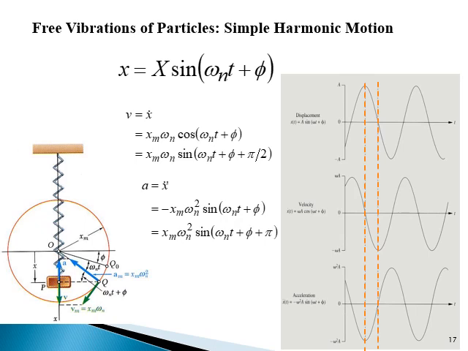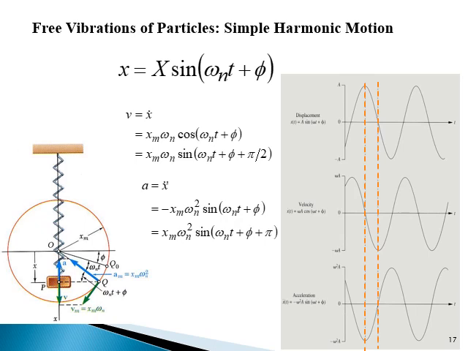The differentiation of velocity gives the acceleration: minus x omega square sine omega t plus phi, or it can also be written as x omega square sine omega t plus phi plus pi.